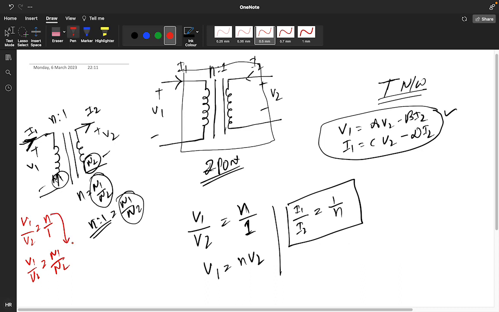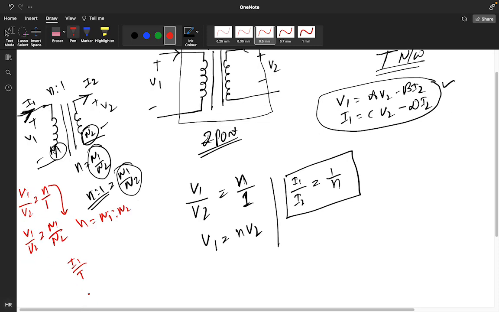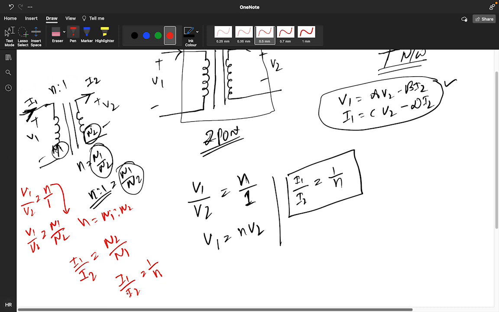This N is N1 to N2, and I1 by I2 equals N2 by N1. So this means I1 by I2 equals 1 upon N. Prasanna, is the theory clear, this part?